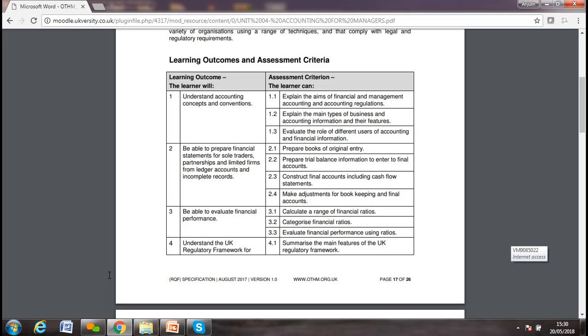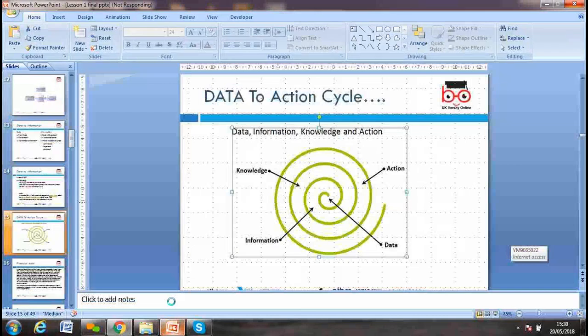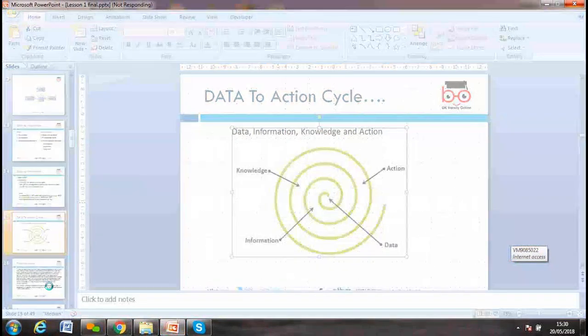If you explain it, it means we are addressing it. Explain the main types of businesses: sole trader, partnership, limited company. Those are the main types of businesses. It will go next.